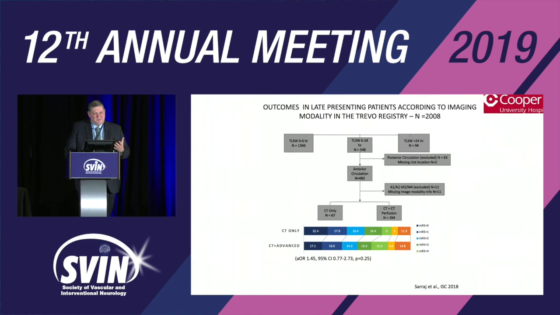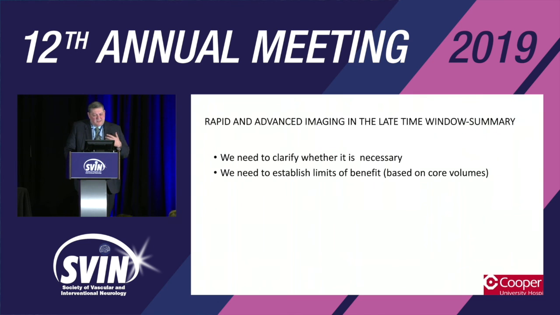And when we treat patients based on CT alone, aspects, this is data from the TRIVO registry, beyond 8 hours, patients who are selected based on CT perfusion in TRIVO registry didn't do any better than patients who were selected based on CT alone. So the important trial question, in my opinion, is to clarify whether even in this extended time window, advanced imaging is necessary.